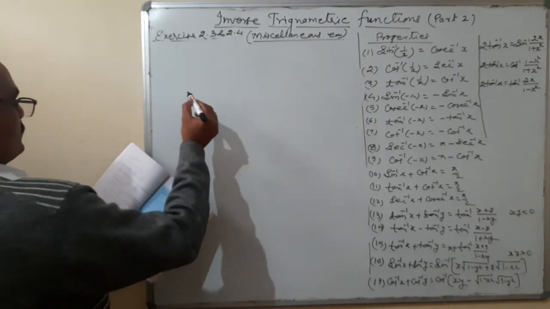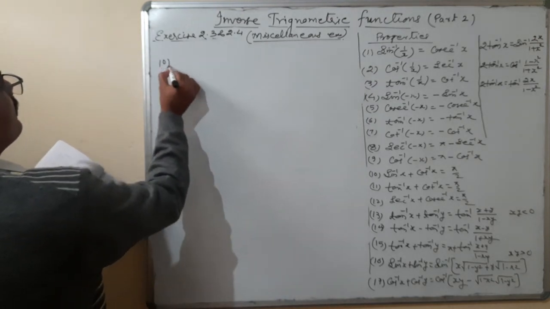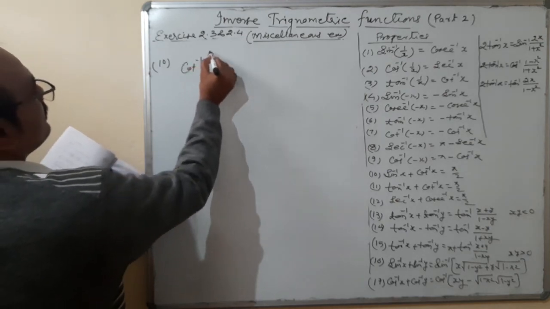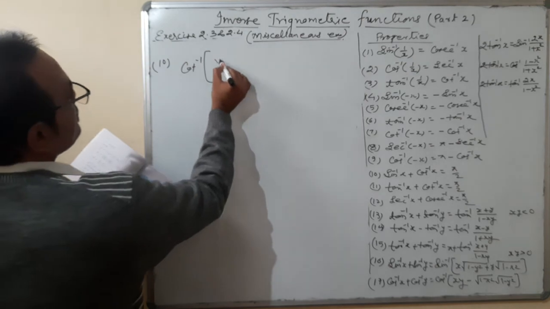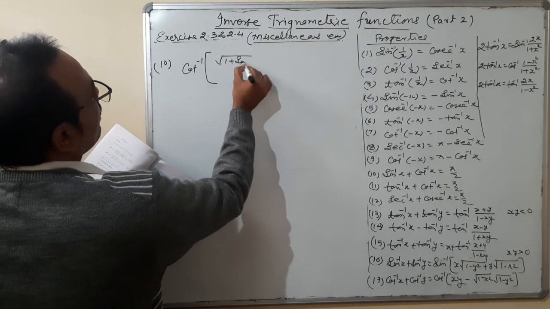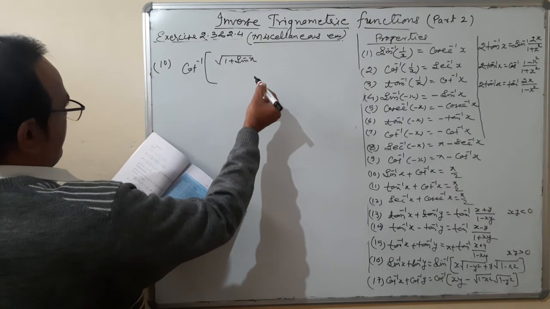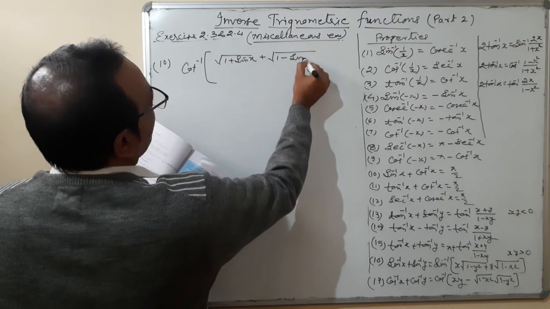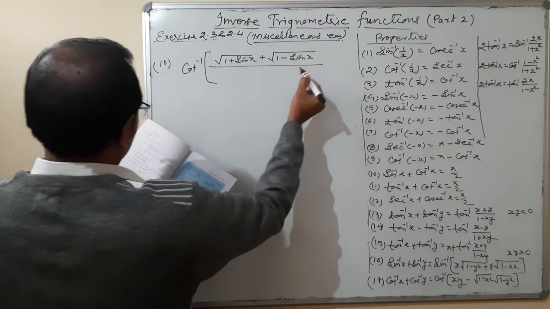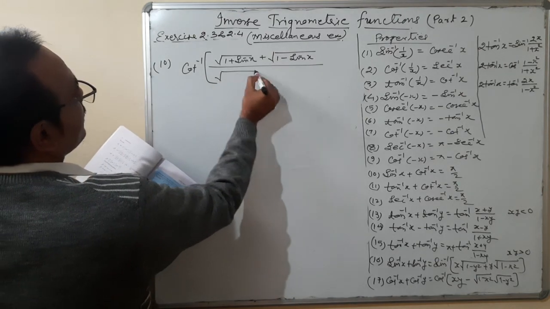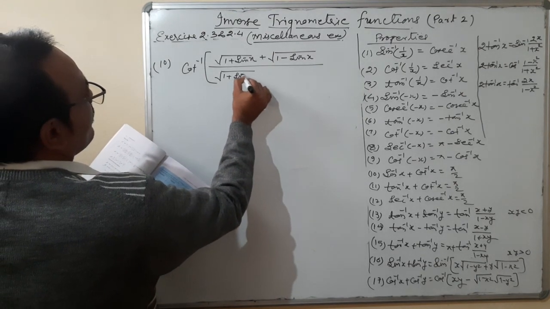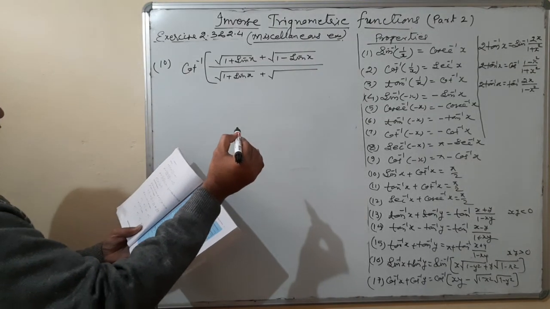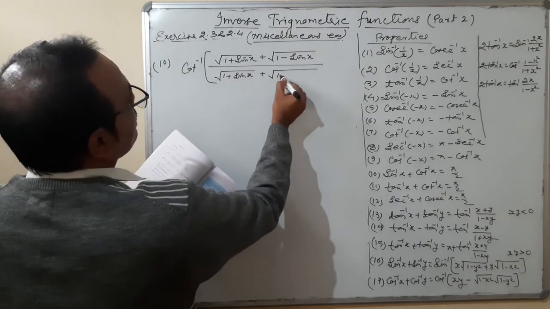Tenth question I am solving here. Look, it's a difficult one. Cot inverse of under root 1 plus sin x plus under root 1 minus sin x upon under root 1 plus sin x plus under root 1 minus sin x.